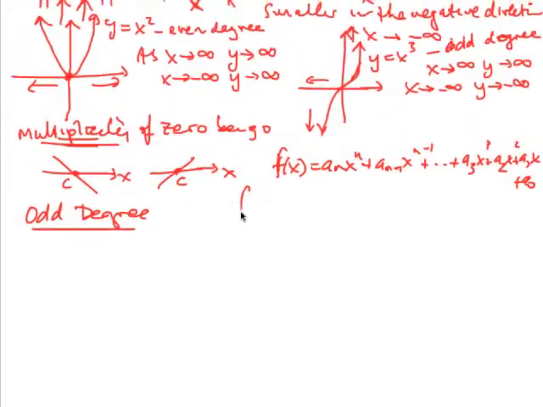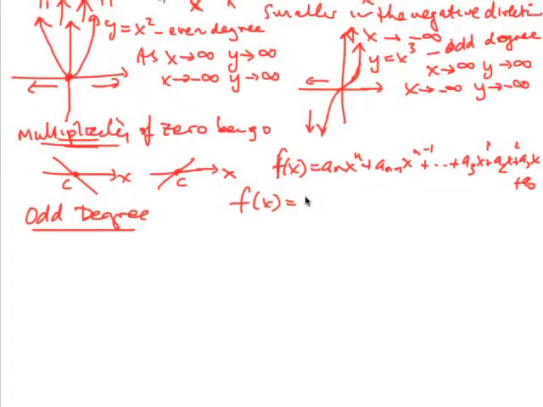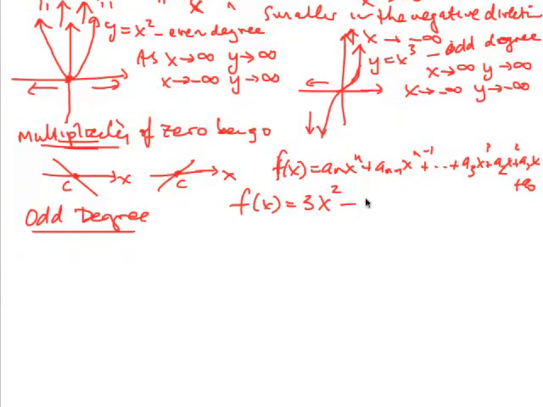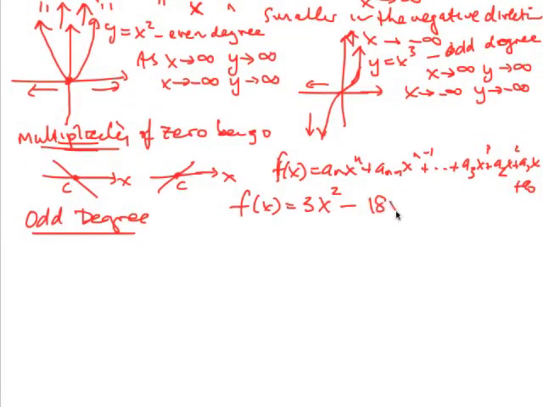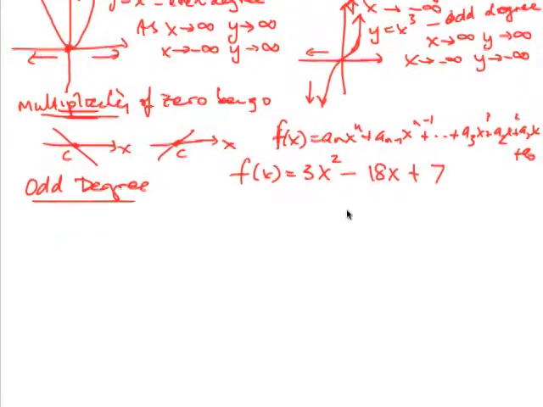Now, for example, let's suppose I had a function, and let's just use a quadratic for now, something like 3x squared minus 18x plus 7.